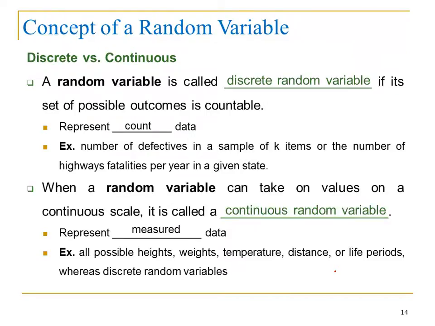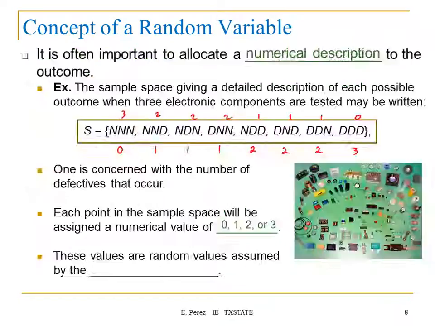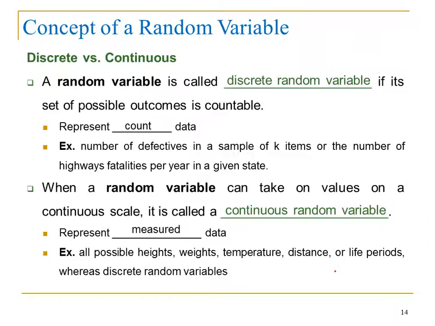It represents measured data, for example, all possible heights and weights in this classroom, temperature, distance, light periods, which are not discrete random variables. Okay, so if you can count the number of outcomes, then you know that you're dealing with a discrete sample space and using discrete random variables.